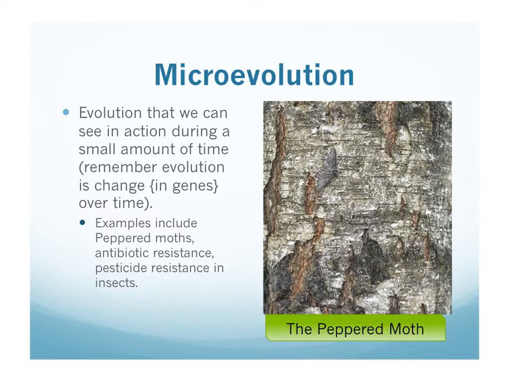So what is microevolution? This is evolution that we can see in a short amount of time. Remember that evolution is a change in the genes, what we see in a population over time. An example would be what we saw with the peppered moths, antibiotic resistance, and pesticide resistance in insects.